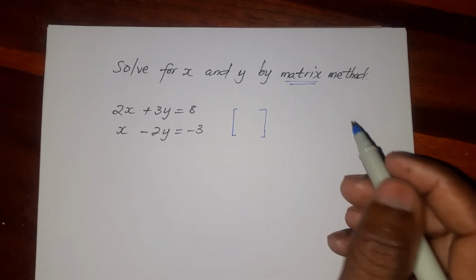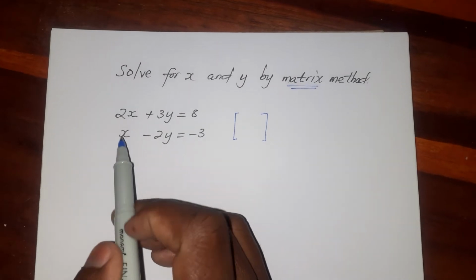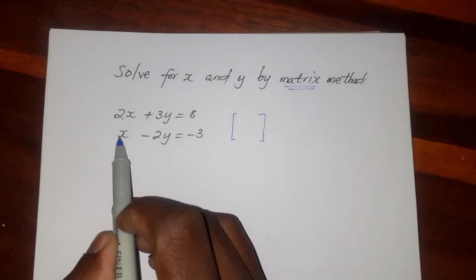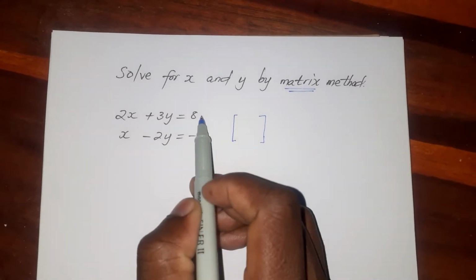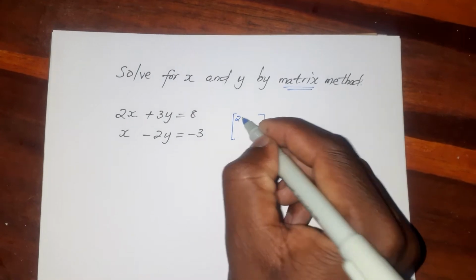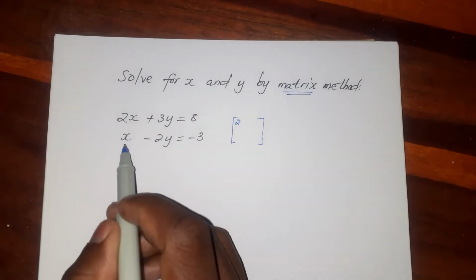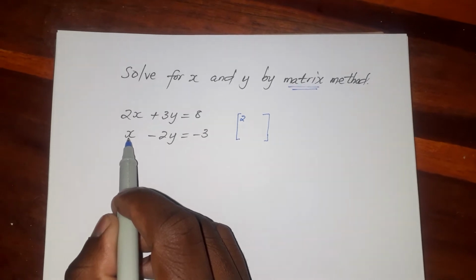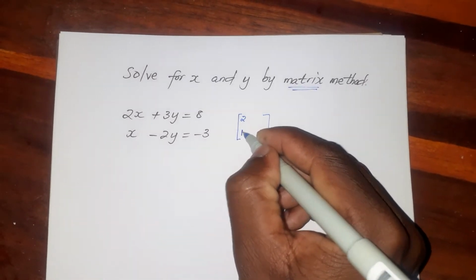What I need to write in there, first I have to write the coefficients of x. In the first equation, the coefficient of x is 2. I write my 2 here. In the second equation, my coefficient of x is 1. I write my 1 down here.